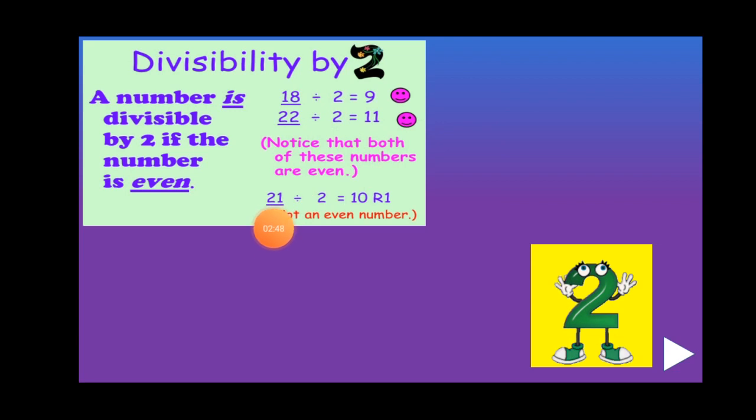Now, let's take another number, 21, and see its ones place digit, as it is not 0, 2, 4, 6 or 8, it will not be completely divisible by 2. It leaves remainder 1. So, this is not divisible by 2.